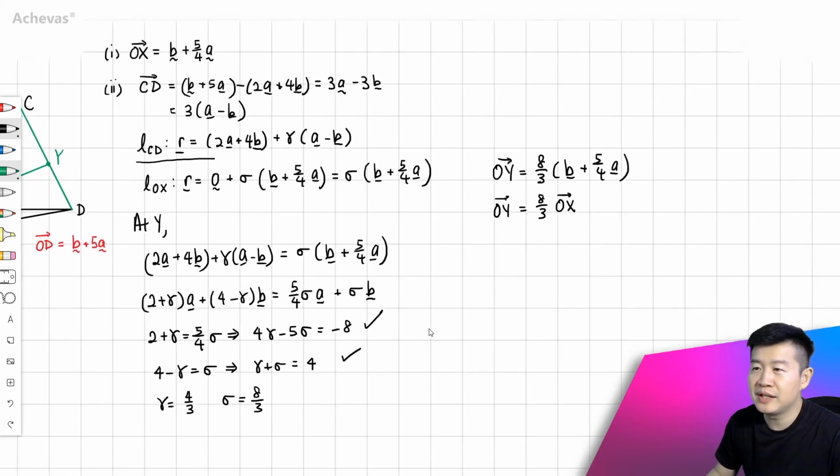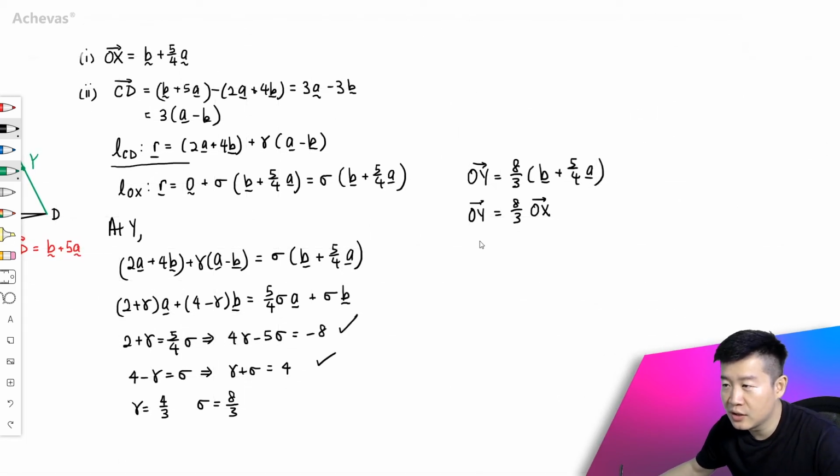This will also tell me that distance-wise, the distance OY is just 8 over 3 of the distance OX, which means that OX over OY is going to be equal to 3 over 8. This tells me the ratio of OX to OY, and that is 3 to 8.